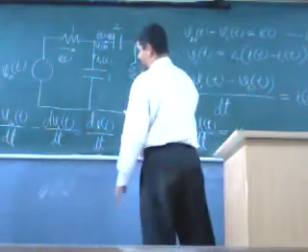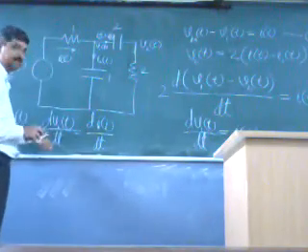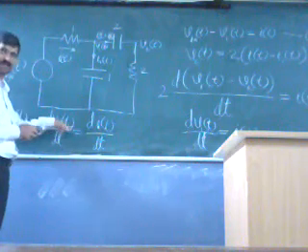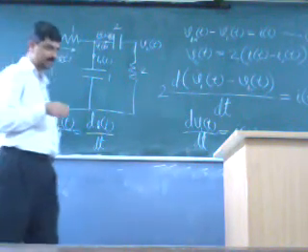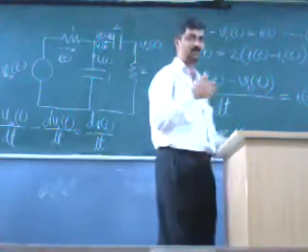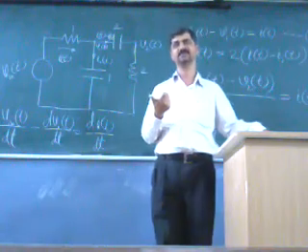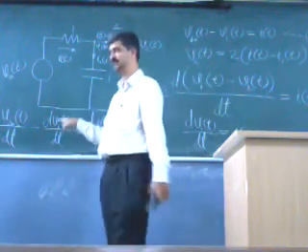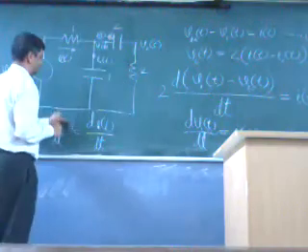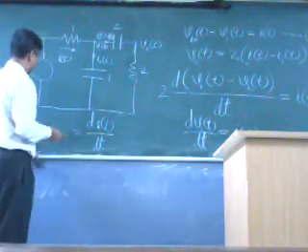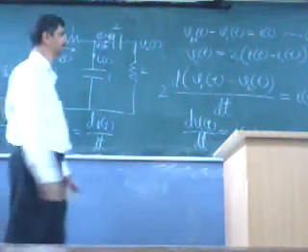So dV1(t) upon dt you can replace now. I hope you are either noting down or will view this at a later stage, because we are replacing in place of computation. So here we are putting I1.